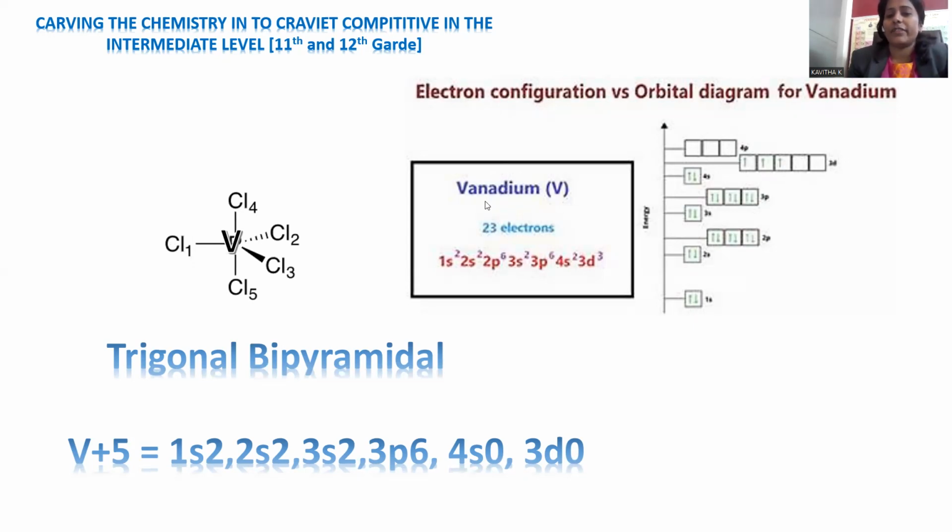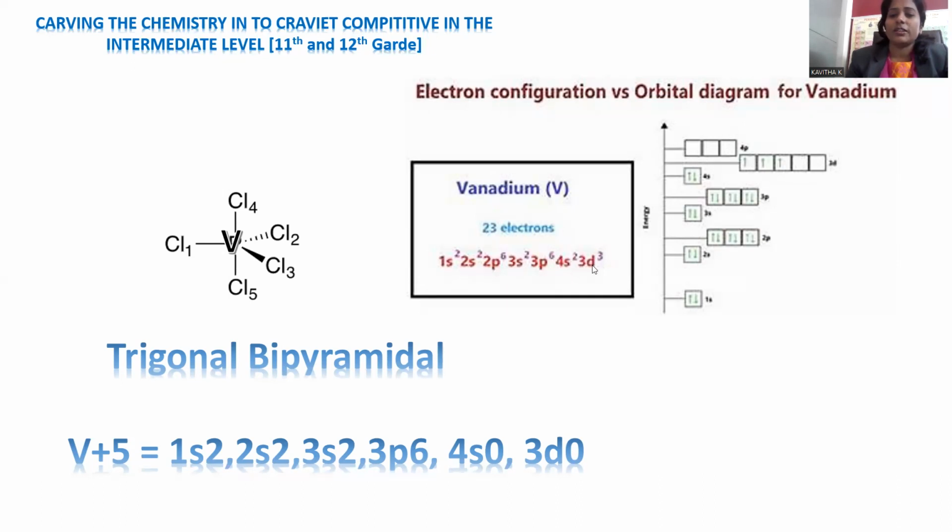And if you see, the vanadium atomic number is 23 and it has the configuration 1s2, 2s2, 2p6, 3s2, 3p6, 4s2, 3d3. If you observe the valence shell, these two are the valence shell, and they are responsible for the bond formation. The s orbital has 2 electrons and the d orbital has 3 electrons. So total valence electrons are 5.